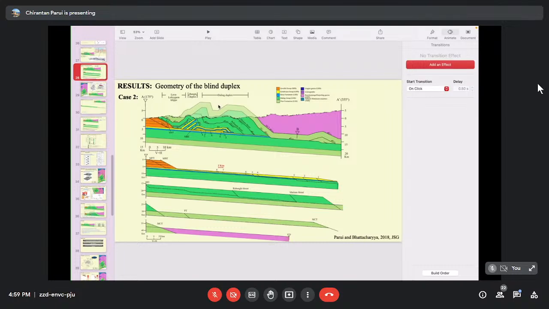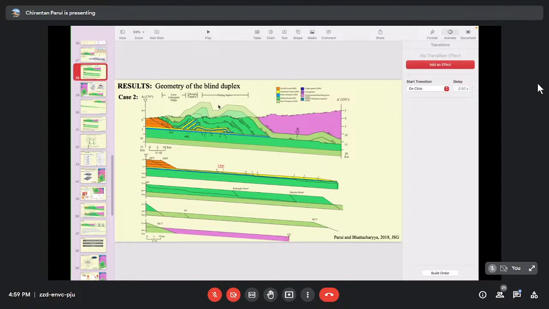A balanced cross-section gives a little better constraint than a normal geological cross-section, because it can eliminate a lot of subsurface geometries that may not be geologically viable. However, it is still a non-unique construction.